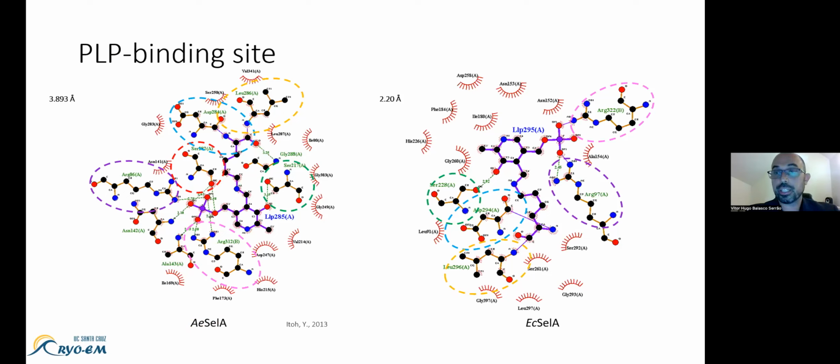There's a lot of conservation between the residues, but comparing the Aquifex aeolicus structure, there is this unique serine, right? So as I mentioned before, this type of bacteria lives in a very high selenium environment, which requires a very fast turnover. So the serine helps to create a better environment for this electron transition inside the binding pocket.